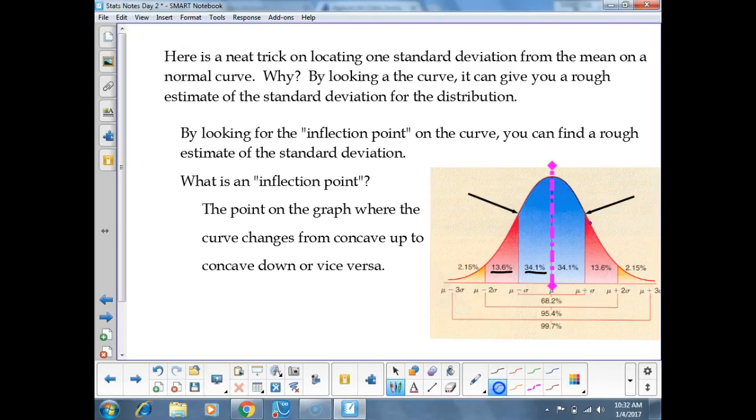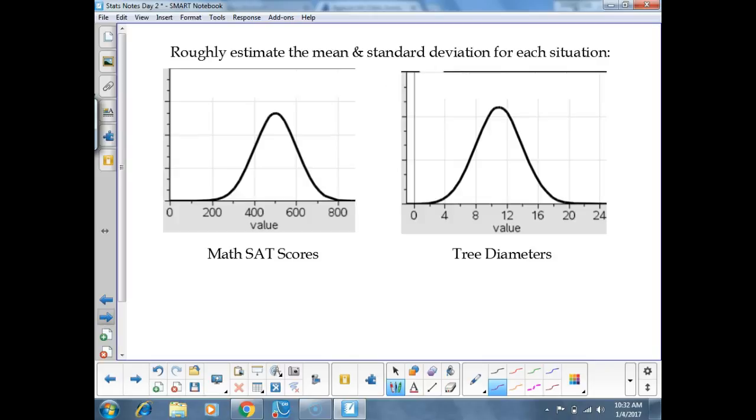Okay? So now, on the front side of your white sheet, we've got two different normal curves. The first thing that you need to do is find where the peak is and drop a line down.